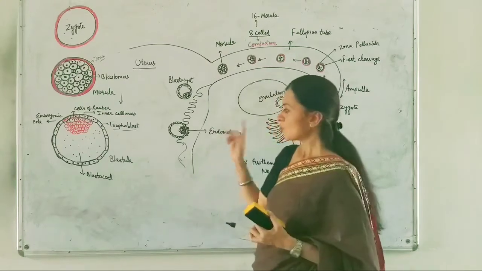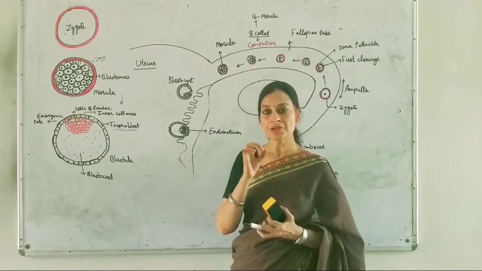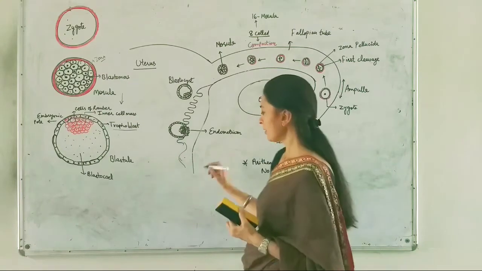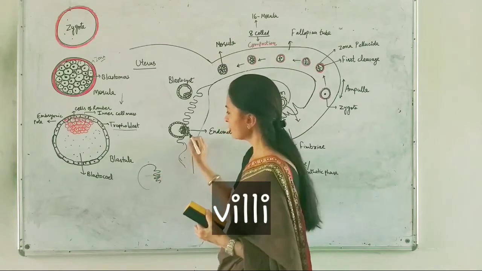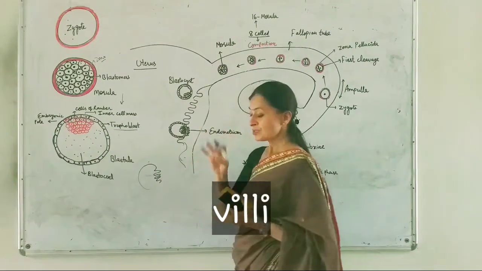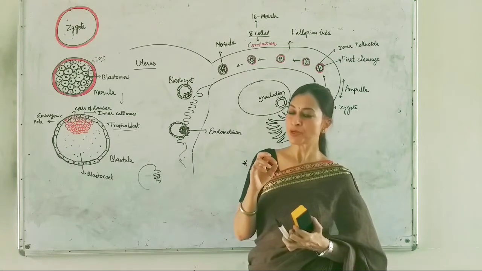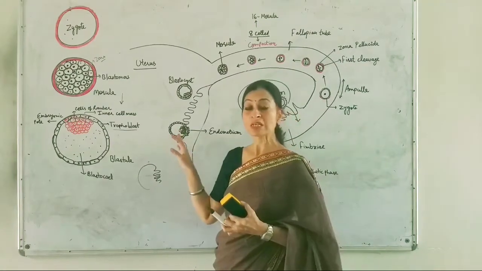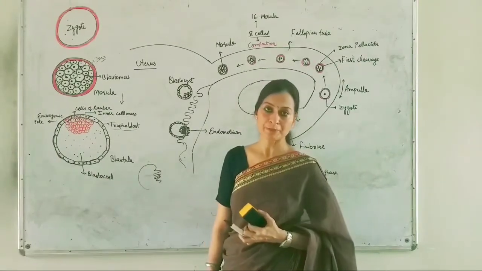Later, this trophoblast will develop villi, the finger-like structures. We can show them like this, finger-like structures. I have shown here also. And these finger-like structures will help in proper establishment of this blastocyst in the wall of the uterus, that is the endometrium.